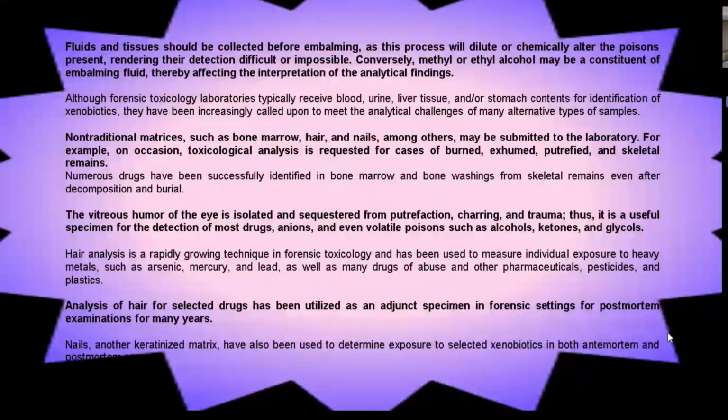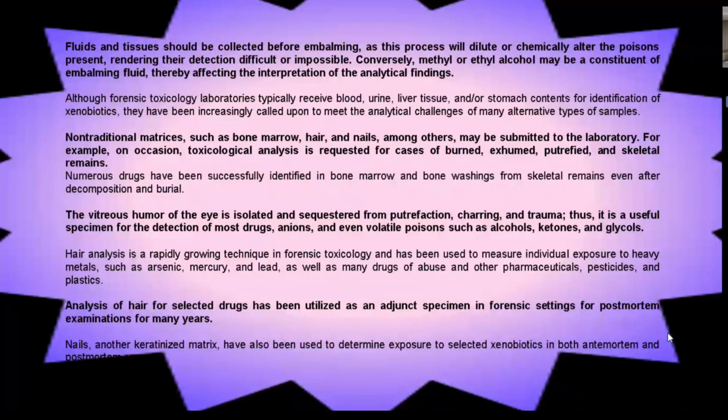And sometimes in some cases, some putrefaction might have occurred. In many toxic cases, some burning or some deterioration we also see. But still, if we are getting the bone marrow or the bone washing from the skeletal remains, from that also we are able to detect the amount of xenobiotics or the toxins present, and that can be used for establishment of this toxicity. Many times the vitreous humor of the eye is also secured, and we are able to get the amount of poison.